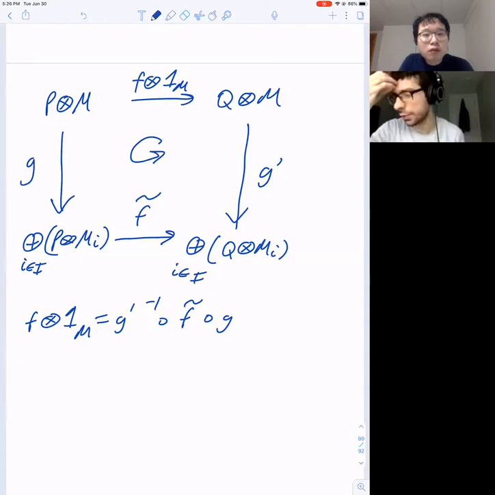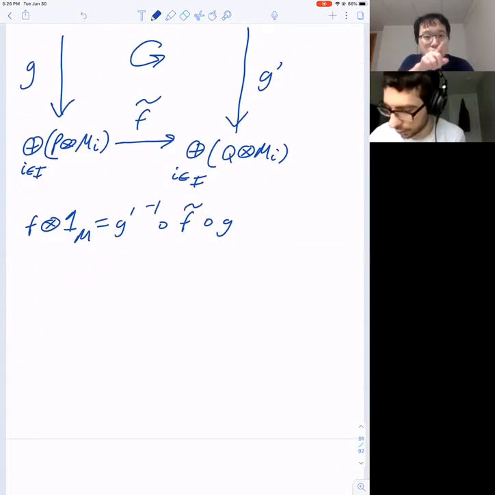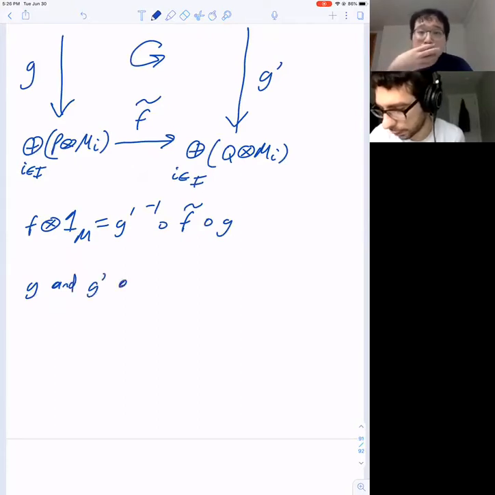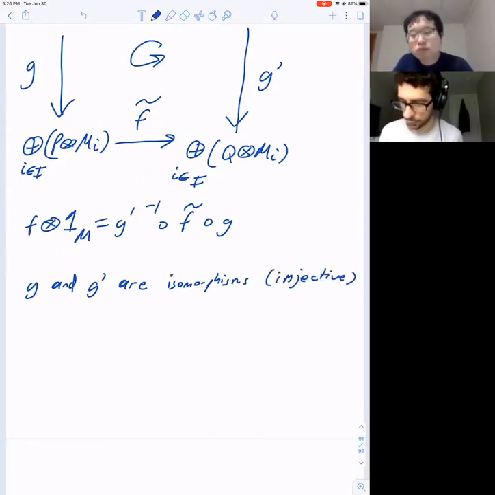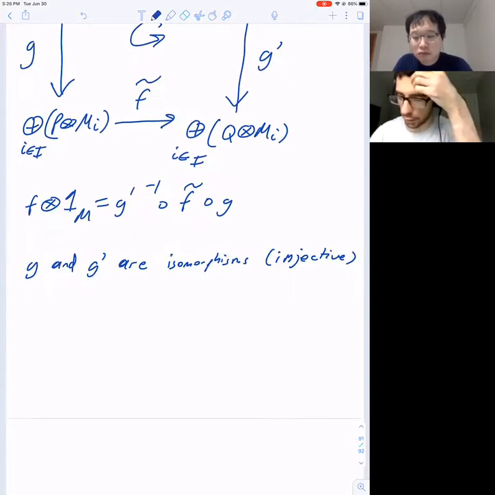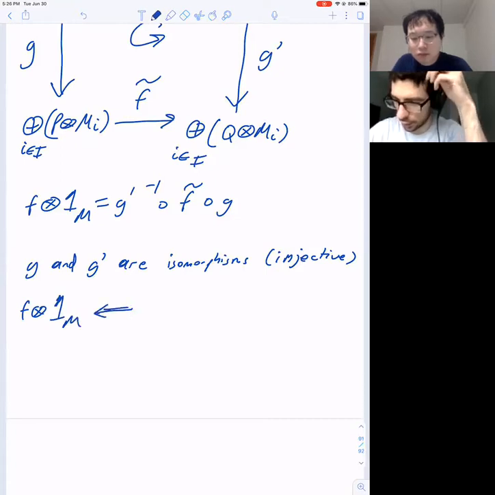And that's very nice because it's clear that G and G prime are isomorphisms, so they're both injective. And so it's not hard to see that F tensor identity is injective.